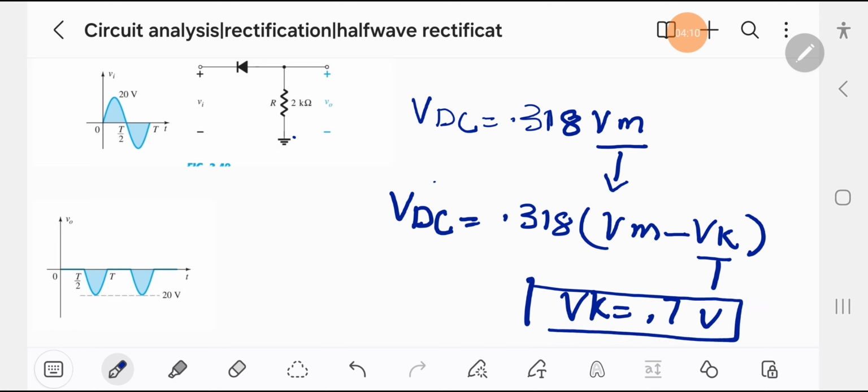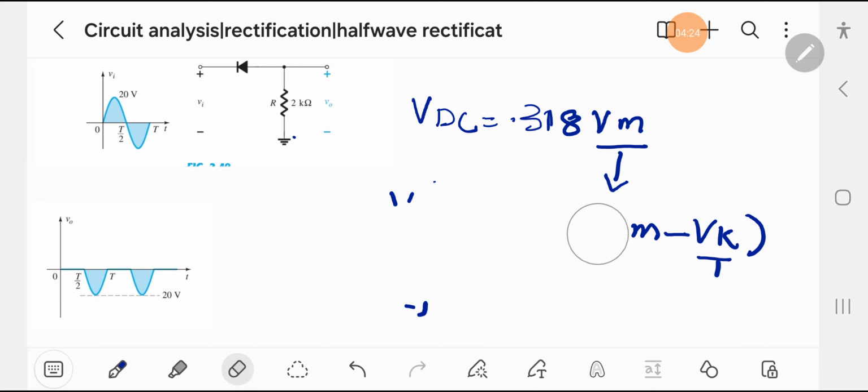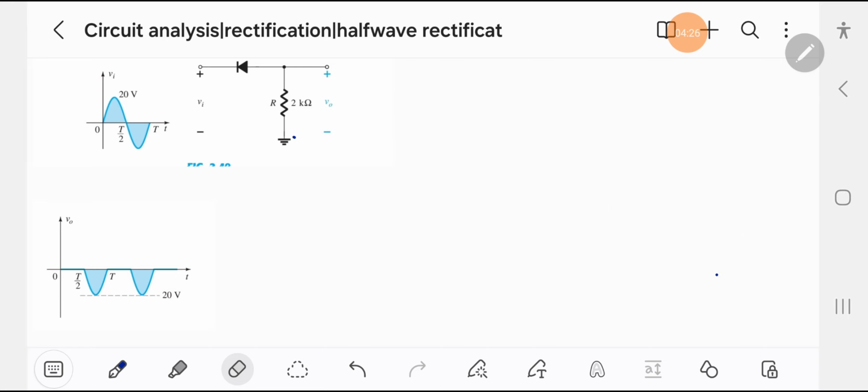One thing to be noted: when the applied voltage is less than 0.7 volt, the diode will not turn on. The diode will remain off. To make the diode turn on, we have to use an input voltage which is greater than 0.7 volt.